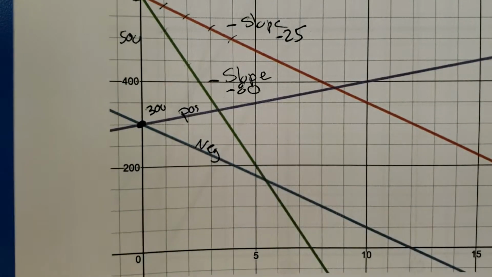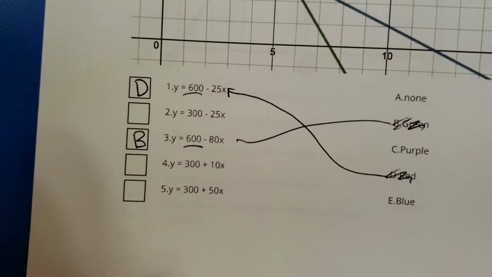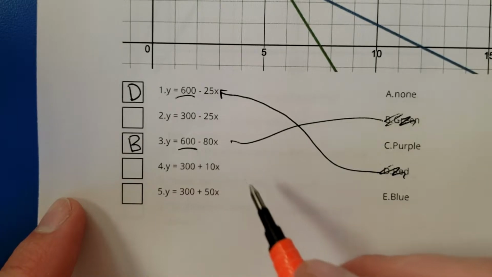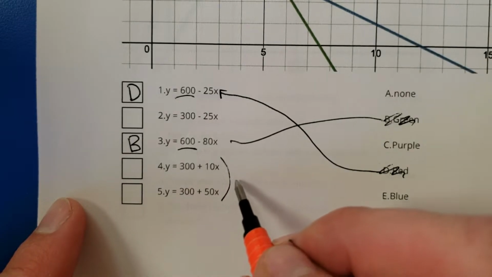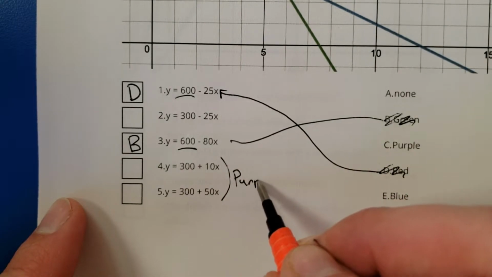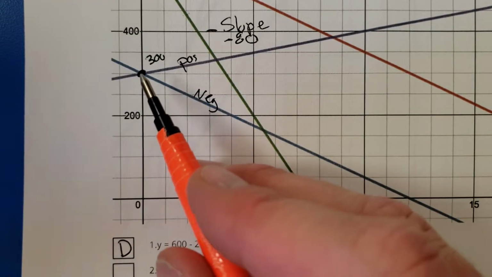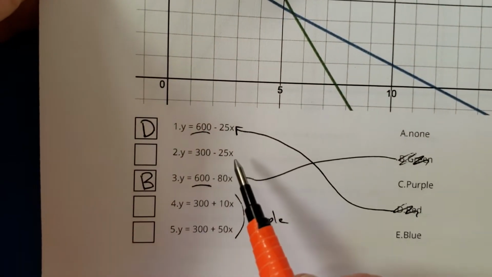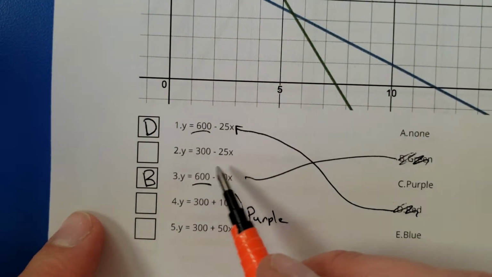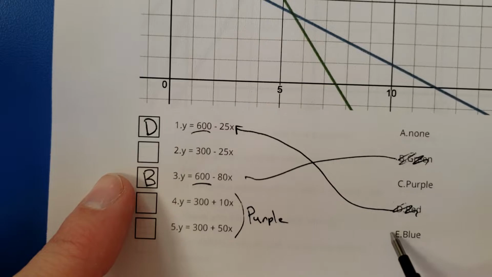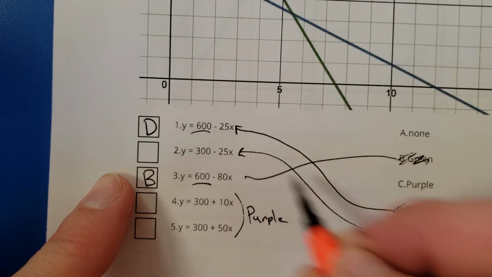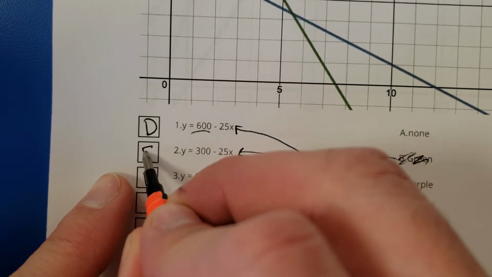This one has got to be purple. The blue one is the only one with the negative slope. So a y-intercept of 300 and a negative slope, that's got to be you right there, Mr. 2. You are blue, which is E.